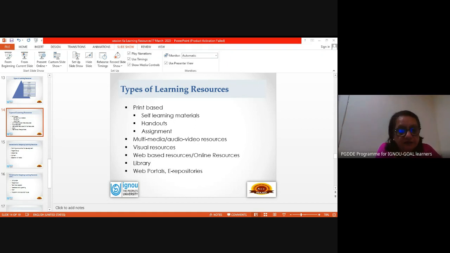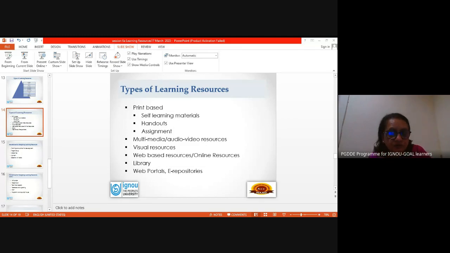E, of course, is E. Gyan in Hindi is knowledge, and Kosh is like a vault. So it is like the vault of knowledge, where you can get knowledge. All the materials of IGNOU are available on this e-repository.